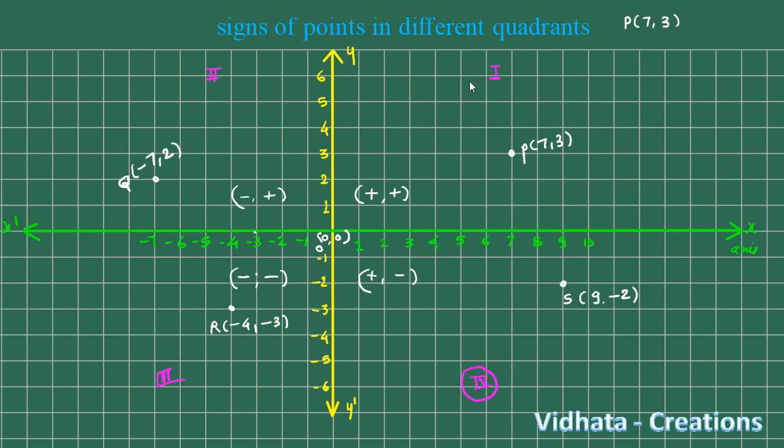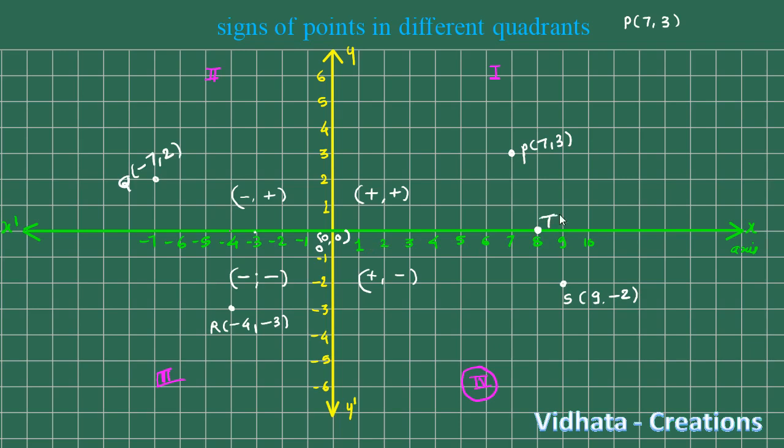But now think, suppose a point lies on the axis itself. Consider this point, suppose point T, which lies on the positive x-axis, on the axis itself.